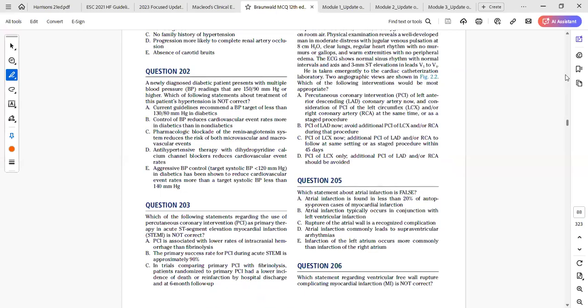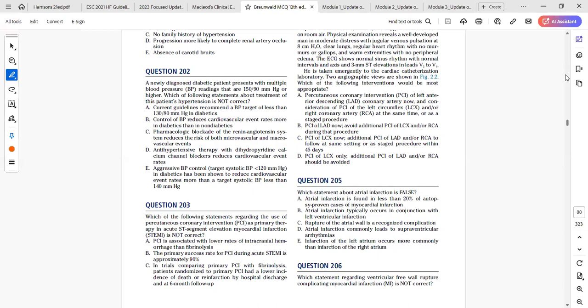Percutaneous coronary intervention of the left anterior descending coronary artery now, and consideration of PCI of the left circumflex and the right coronary artery at the same time or as a staged procedure. B, PCI of left anterior descending now, avoid additional PCI of left circumflex and or right coronary artery during that procedure.